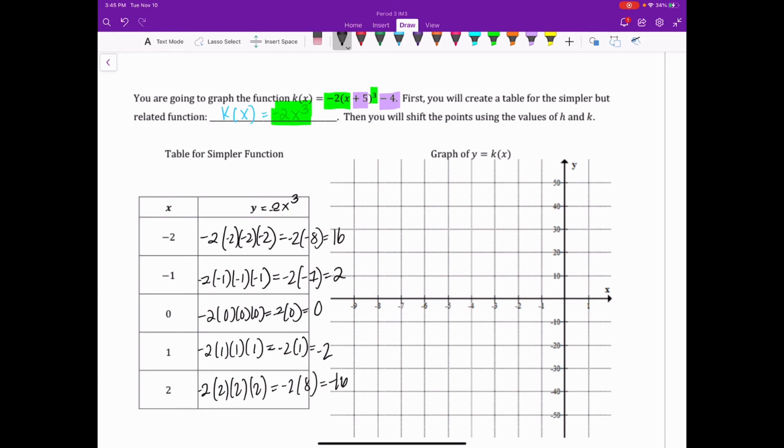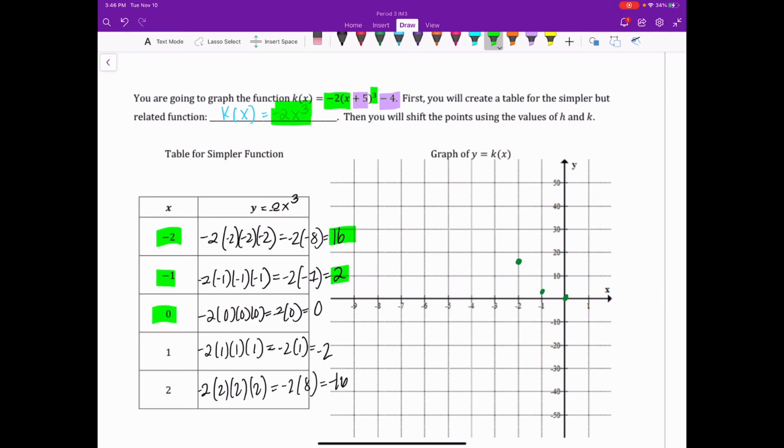So I'm going to go ahead and plot these points. So I'm going to plot negative 2, 16. So negative 2, positive 16 is about here. Then I'm going to plot negative 1, positive 2. So negative 1, positive 2 is about here. And then 0, 0 is here.